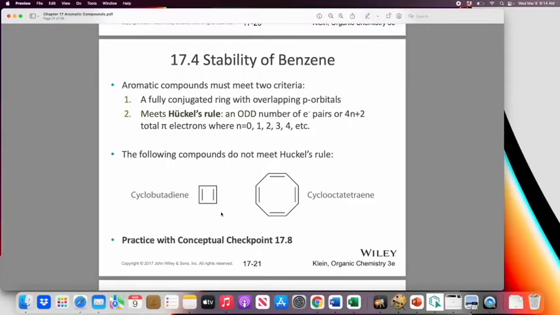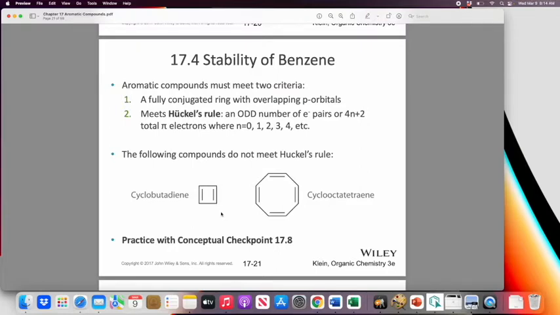So rule number 1, it has to be a fully conjugated ring. If it violates that rule, you would call it non-aromatic. Rule number 2, there has to be an odd number of electron pairs in that conjugated ring.